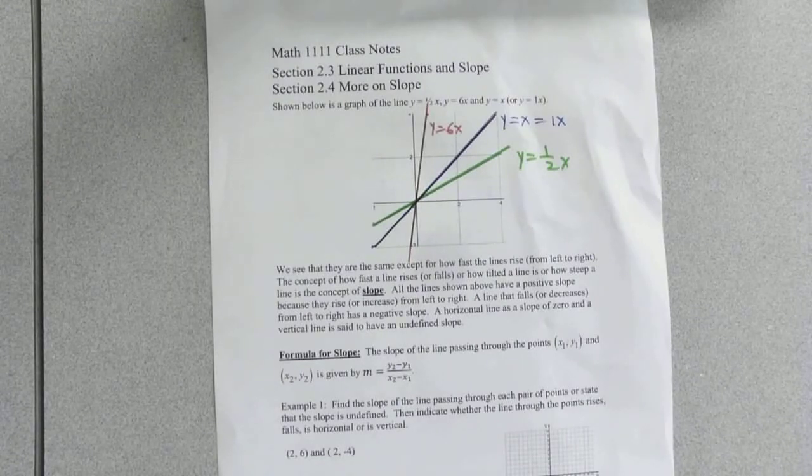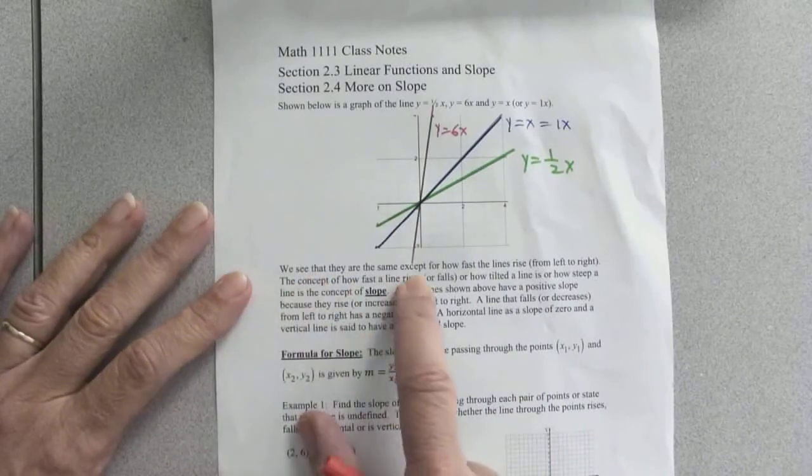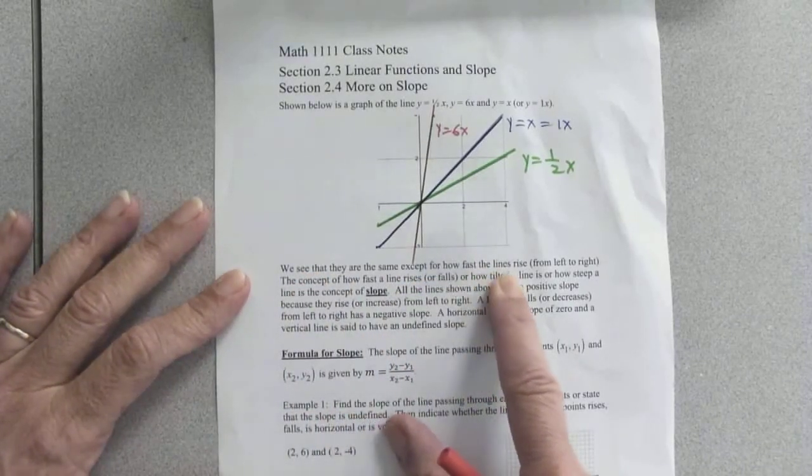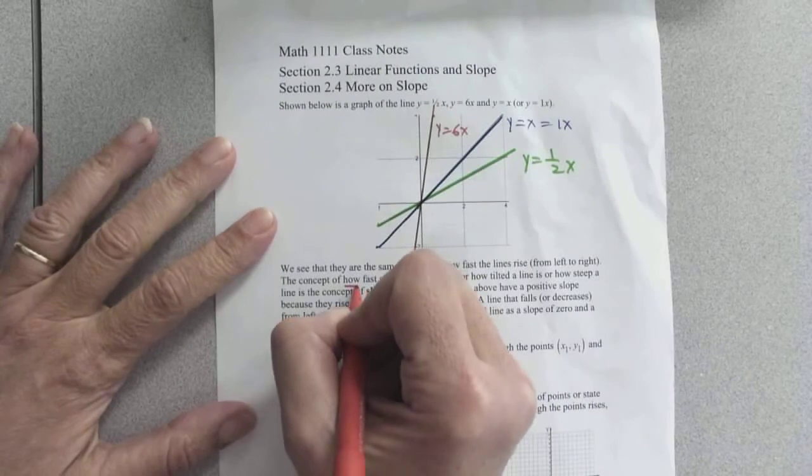That is the concept of slope, how tilted, how steep a line is. And that's what we have here. It says they are all the same except for how fast the line rises from left to right. The concept of how fast a line rises or falls, or how tilted a line is, or how steep, is the concept of slope.